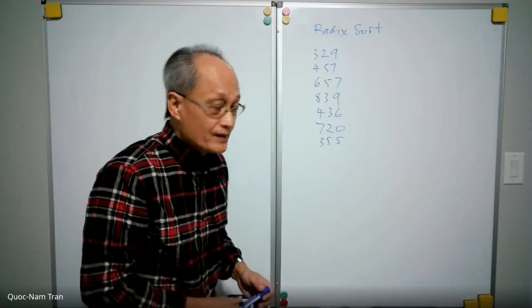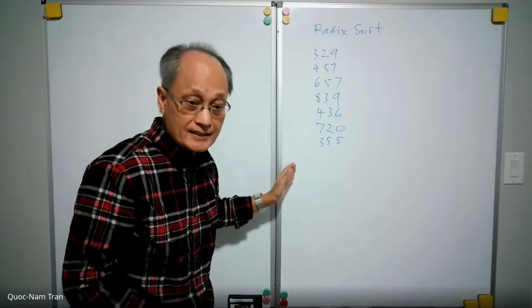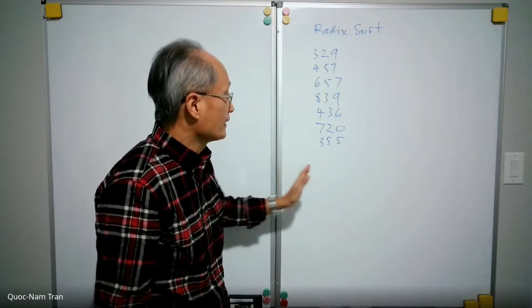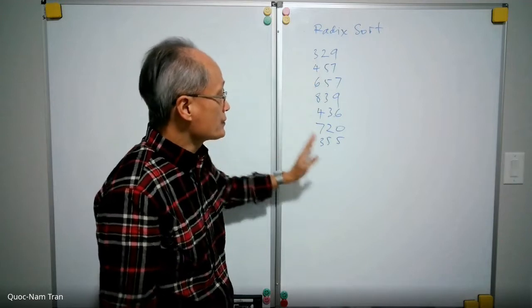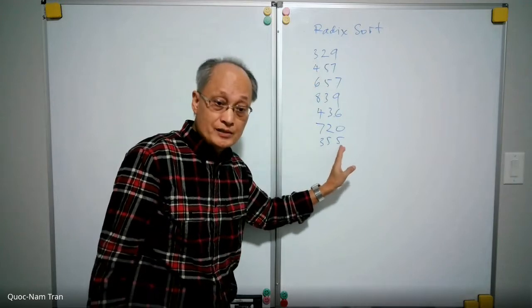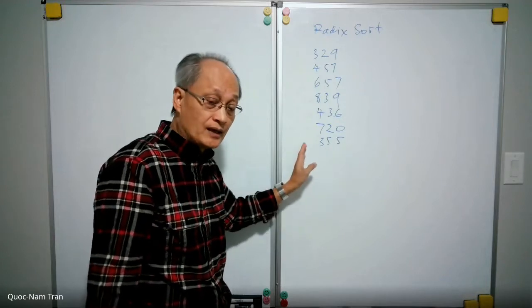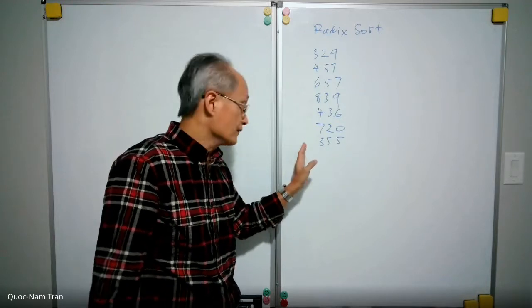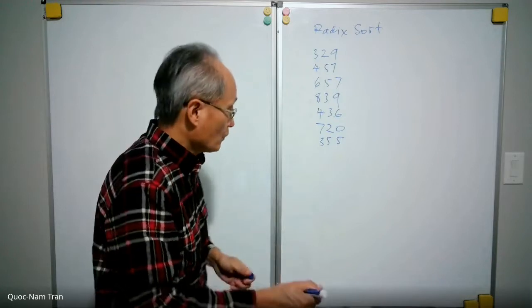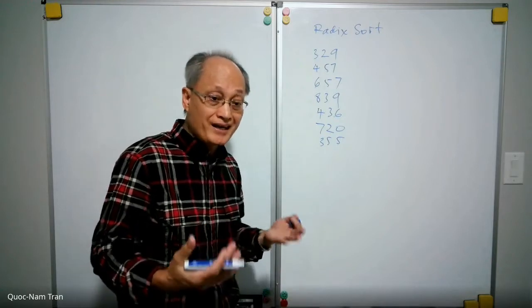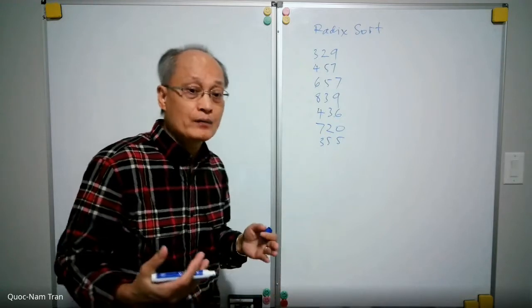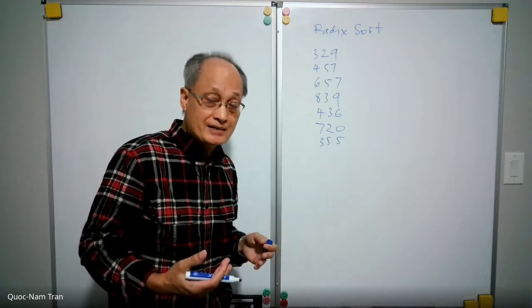Okay, so the idea of the radix sort, as I mentioned before, is that we will sort the numbers with respect to the digits, from the least significant digit to the most significant digit. So we will use buckets. That's why sometimes we call it bucket sort as well.